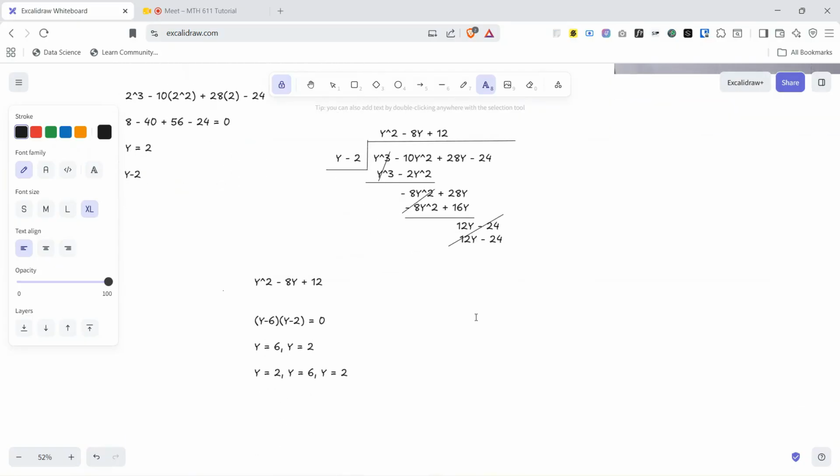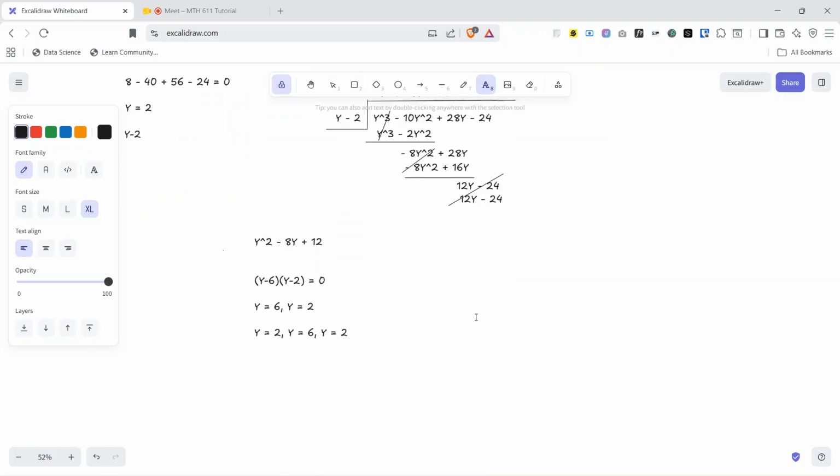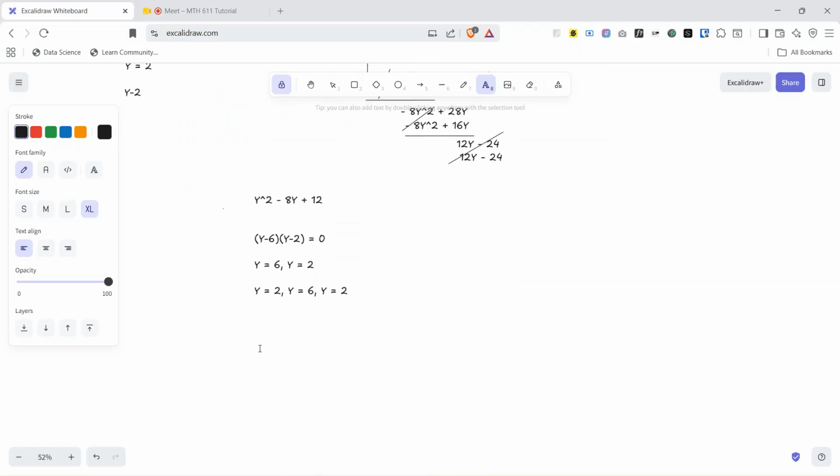But since we already have 2, rather than having two twos, we'll just leave it at one. So when lambda equals 2, we'll have B minus 2I. So that's what we are going to have.